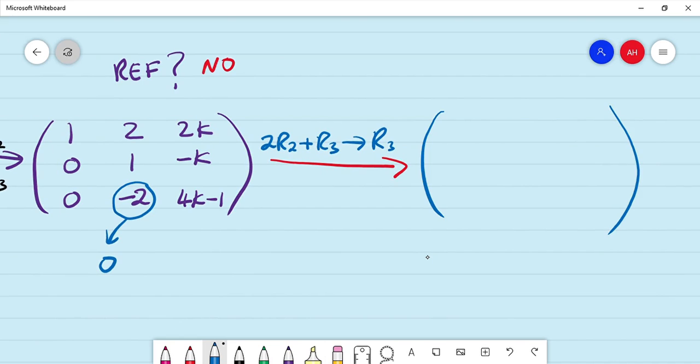Row number 1 is still the same, 1, 2 and 2k. Row number 2 is still the same also. We have 0, 1, negative k.